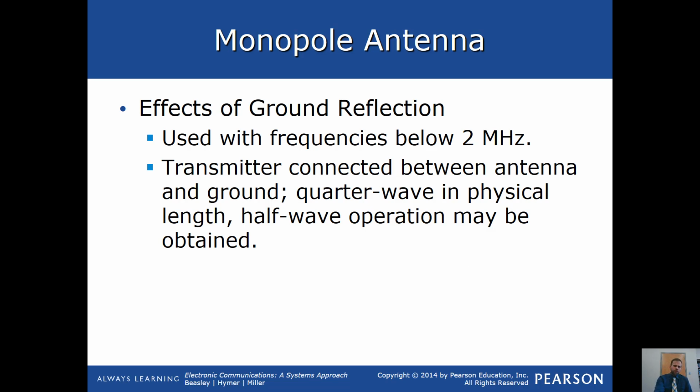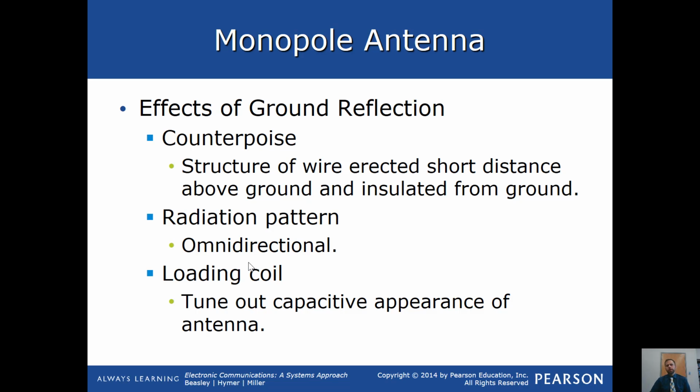But basically, with monopole antennas, effects of ground reflection can be used with frequencies below 2 megahertz, and the transmitter is connected between the antenna and the ground, and a quarter wave in physical length or a half wave operation may be obtained. If you really get deep into antenna theory, you talk a lot about quarter wavelength and half wavelength, and we know that half wavelength gives you the optimal power transfer.